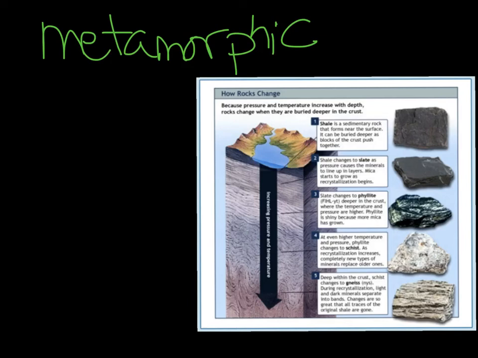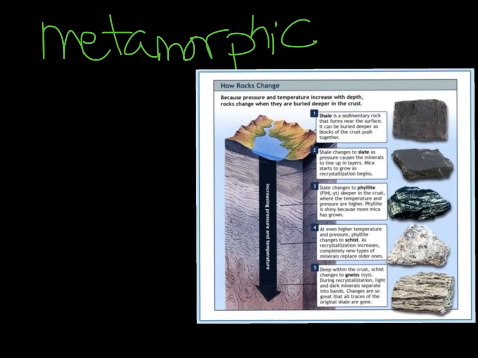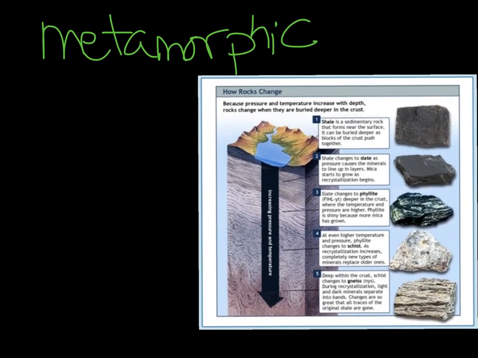Take a look at this picture here, right? We have pressure and temperature. Remember, the further you go down into Earth, the higher the pressure, the higher the temperature. So you're going to get different types of rock at each of the different levels. So let's say this level 1 that's closest to the Earth, you're going to get shale, right, which is a sedimentary rock.